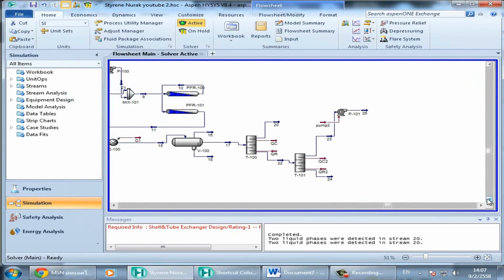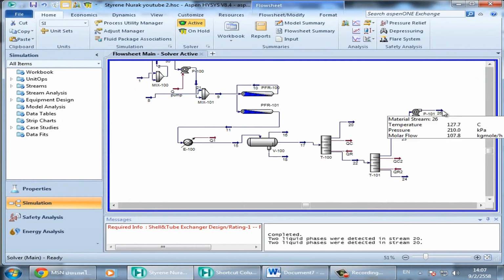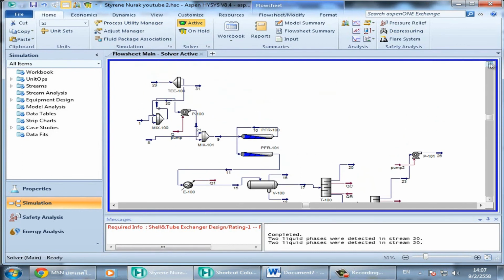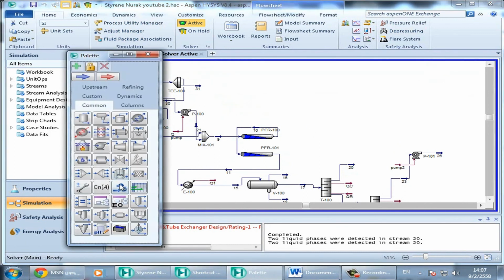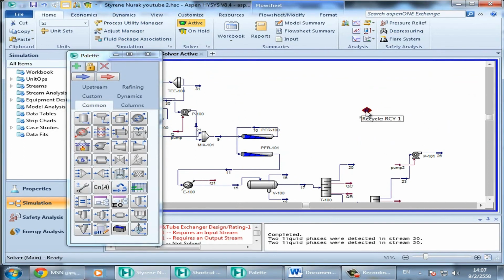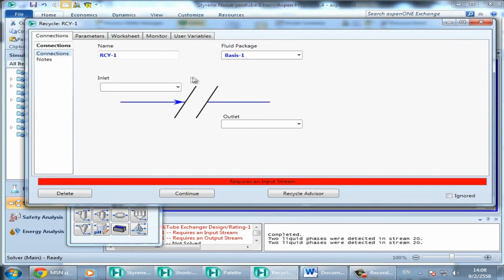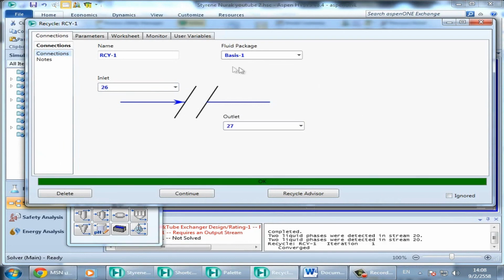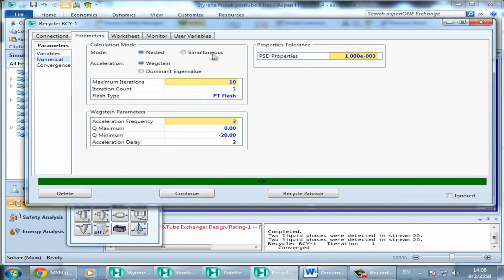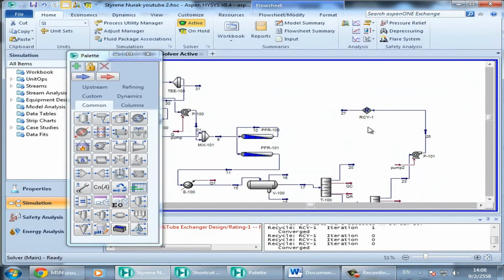Okay, now we do need a recycle because later we can have this ethylbenzene go to this recycle. Okay, recycle this one. So I make it 26 to 27, and then use the parameter of simultaneous.